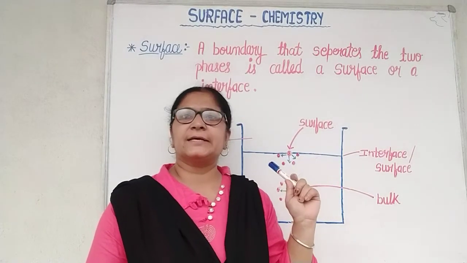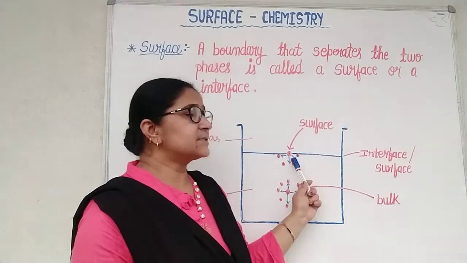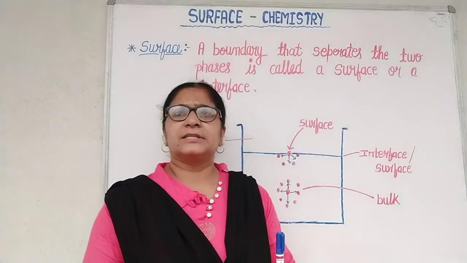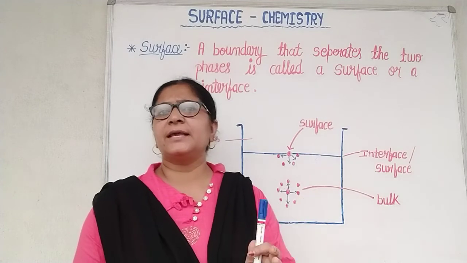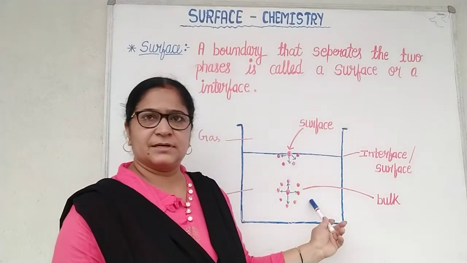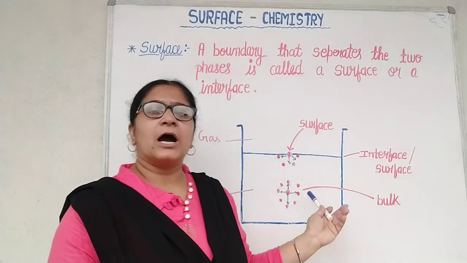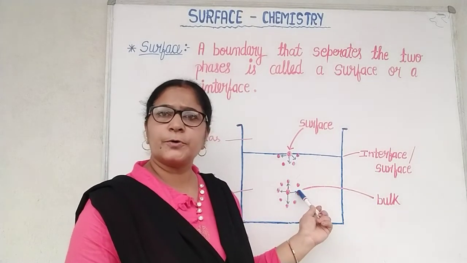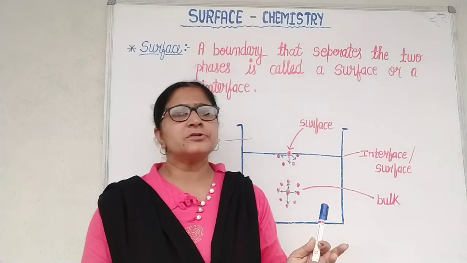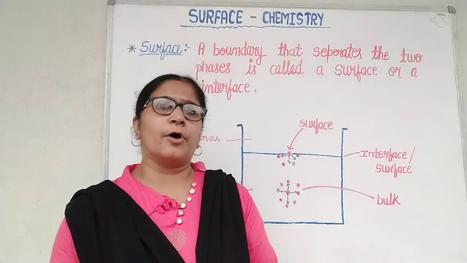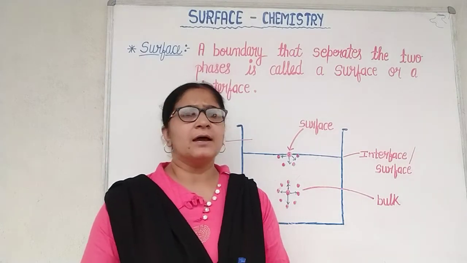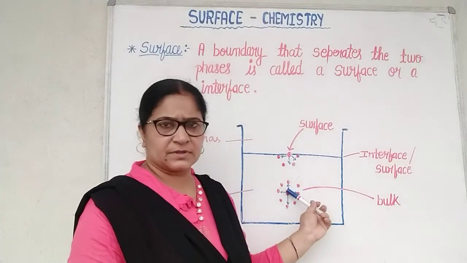So in this case the force is basically unbalanced, because if we observe this one, it is basically balanced, because it has a force of attraction with the other particles, and the force of attraction is uniform in all directions associated with the other particles, right?